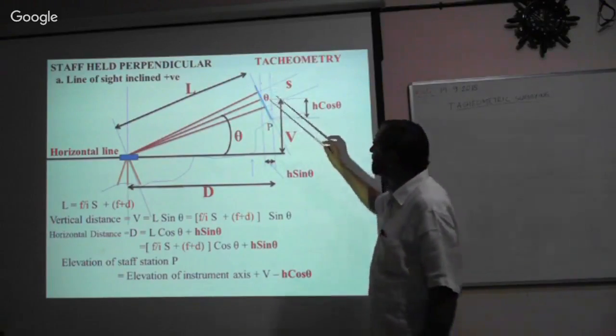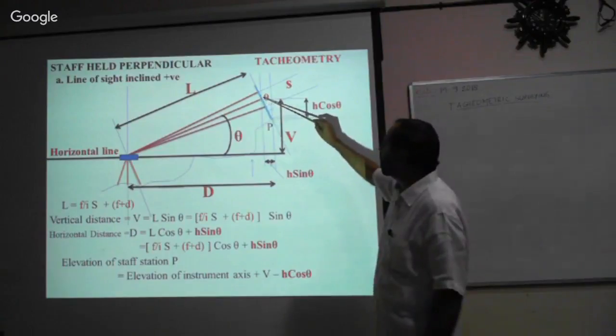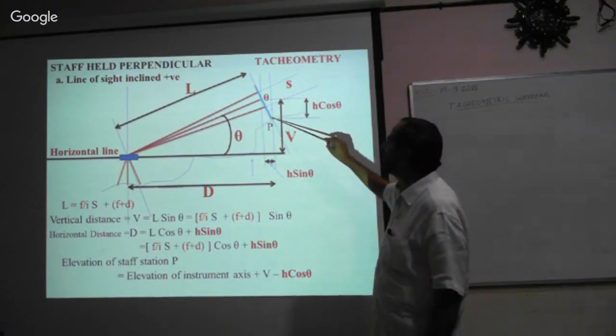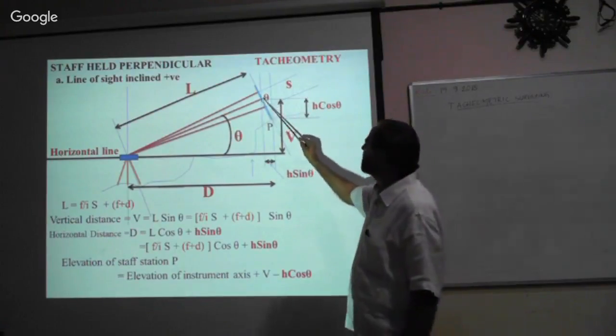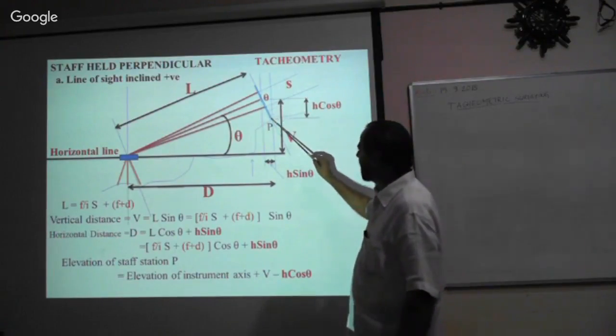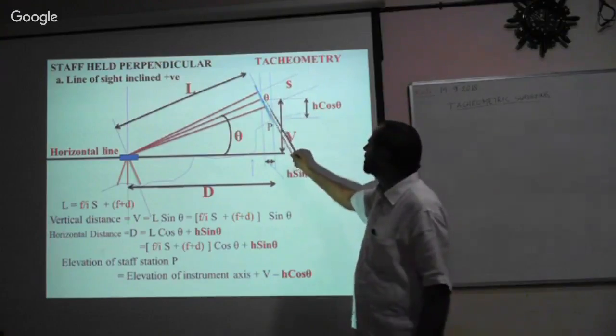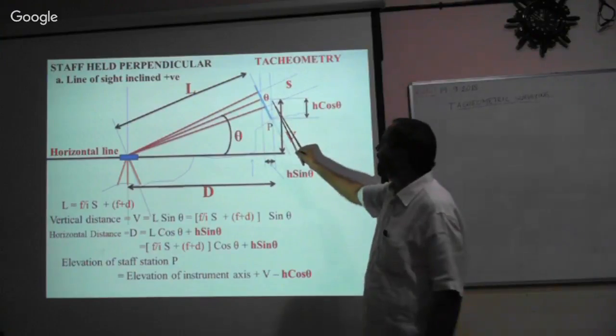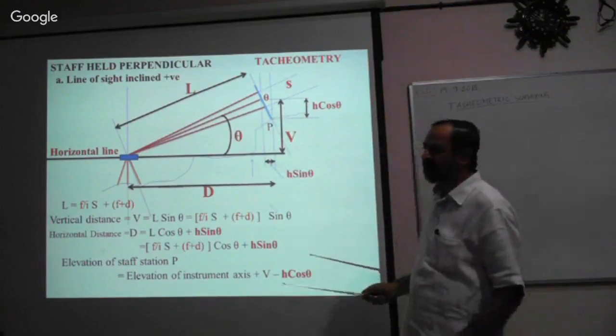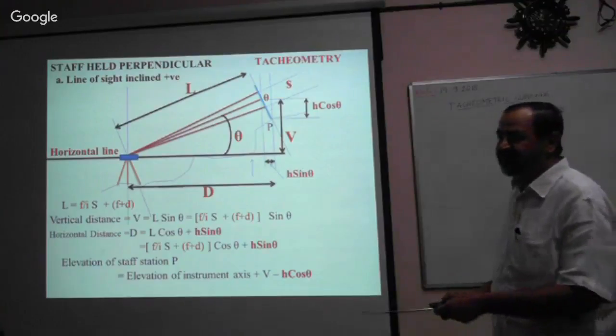H is measured, that is the central line reading from the P. From P to the central line reading, it is H. Therefore, by solving this triangle, this is H cos theta, and this becomes H sin theta, isn't it? It is a simple method, we can do it.